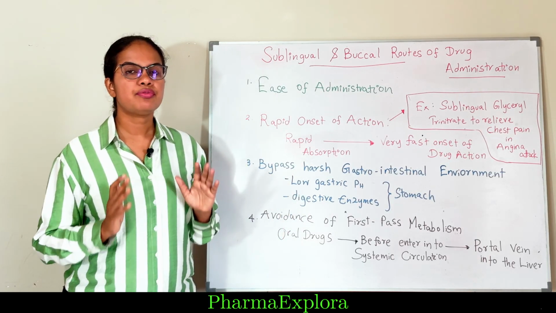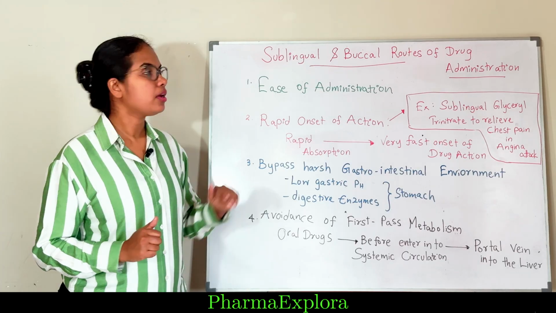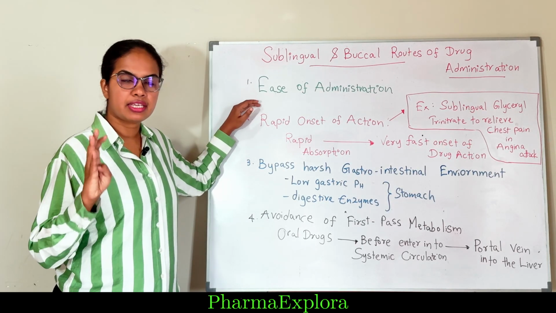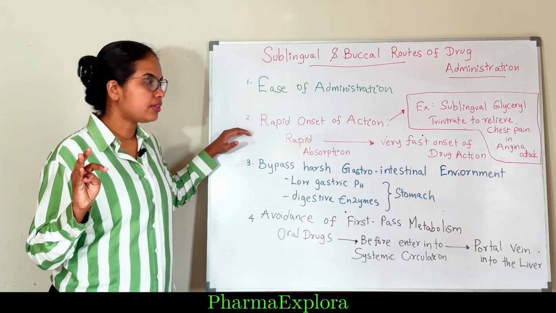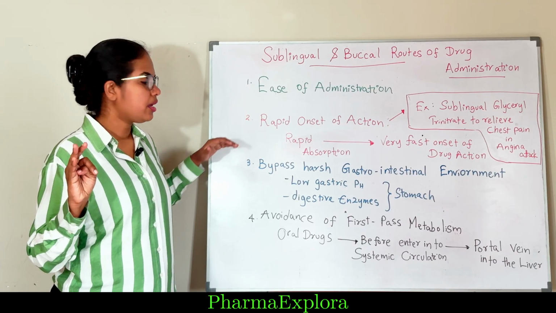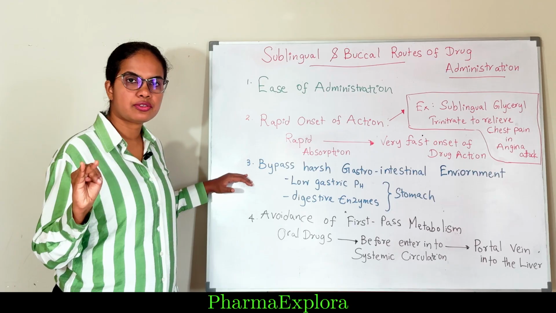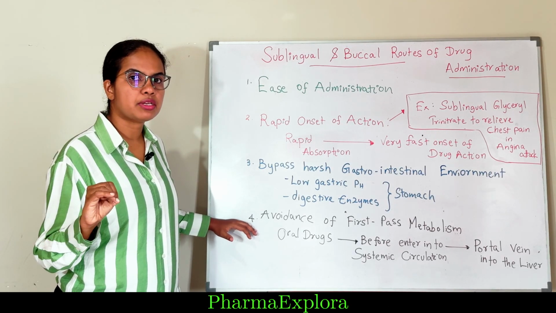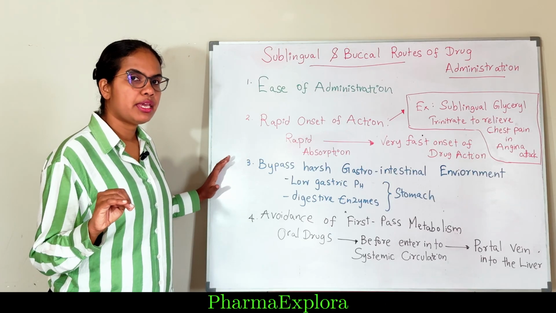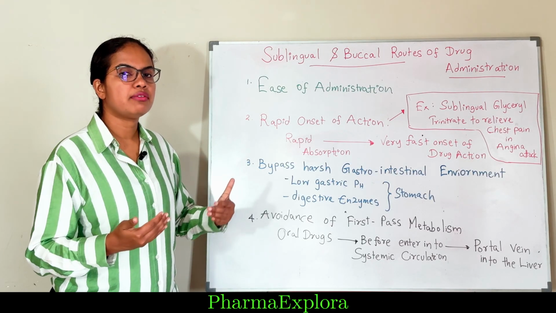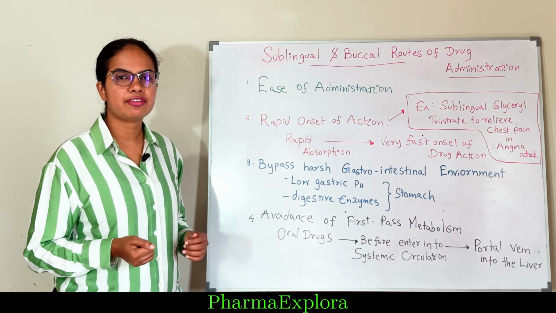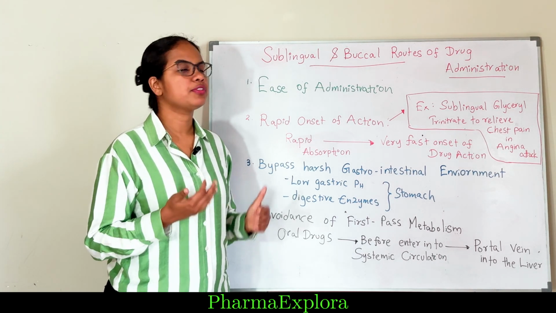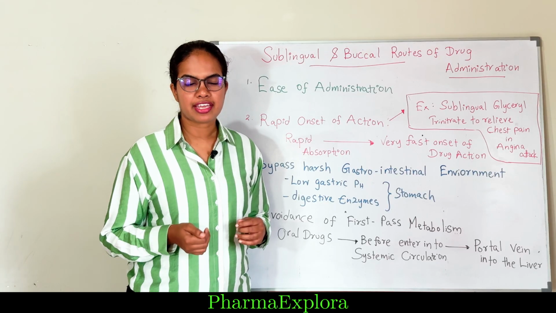So these are the four main advantages of the sublingual and buccal routes of drug administration: ease of administration, rapid onset of drug action, bypassing the harsh gastrointestinal environment, as well as avoiding first pass metabolism, therefore making the bioavailability of the drug significantly high. So these are the benefits of these routes of drug administration.